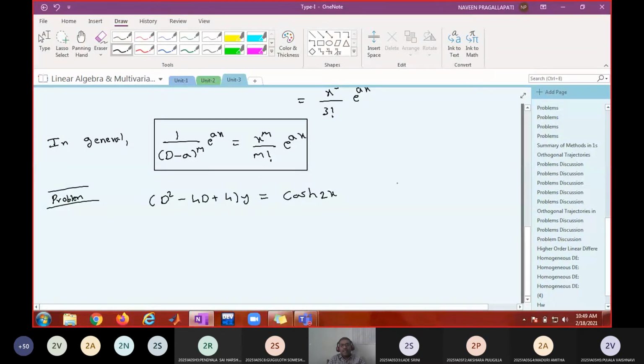So this we shall split into two parts: finding the complementary function, finding the particular integral, then add these two. Is that right? So how do we do the problem?